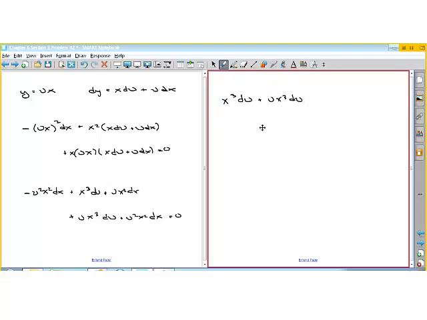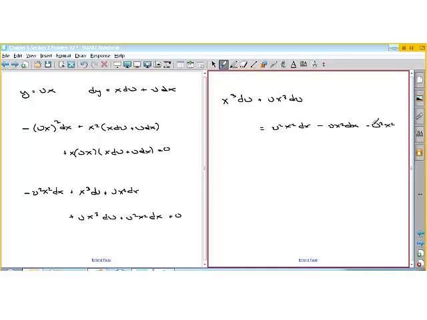So this will become positive ν squared x squared dx. Then we have ν x squared dx, so it's a minus. And then we have ν squared x squared dx, which is going to be, well, actually these two are going to cancel out, but I'll go ahead and put it in here.